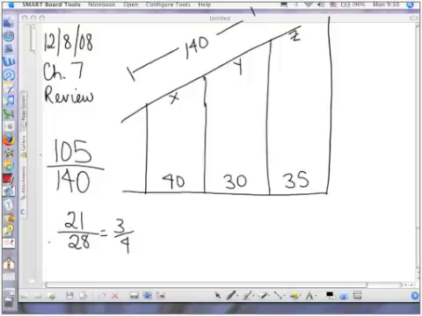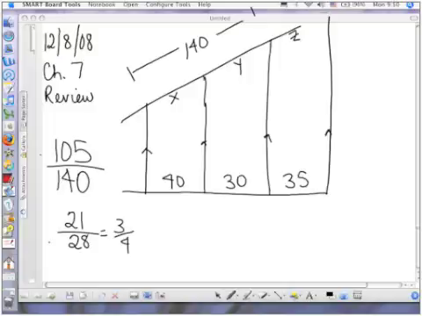Now, according to that corollary, if these lines are parallel, which they are, because the statement says they were parallel boundaries, then these things have been separated proportionally.